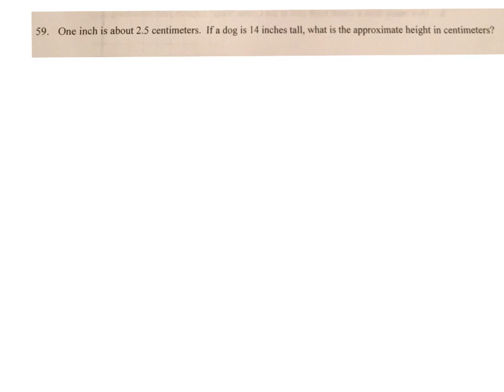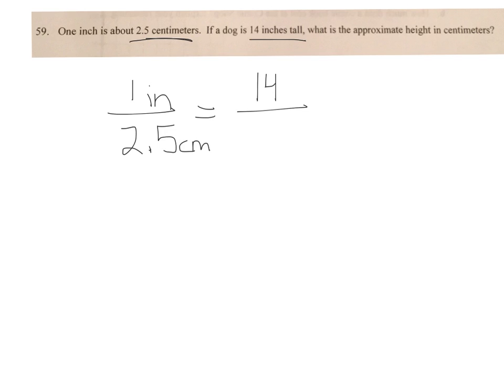59. 1 inch is about 2 5/10 centimeters. If a dog is 14 inches tall, what is the approximate height in centimeters? Okay, so I would set this up as a proportion, or you could just simply multiply, but I just like using proportions. Proportions are my favorite. So 1 inch is 2.5 centimeters, and I'm trying to get to 14 inches, so I would need to multiply by 14 to figure this out.